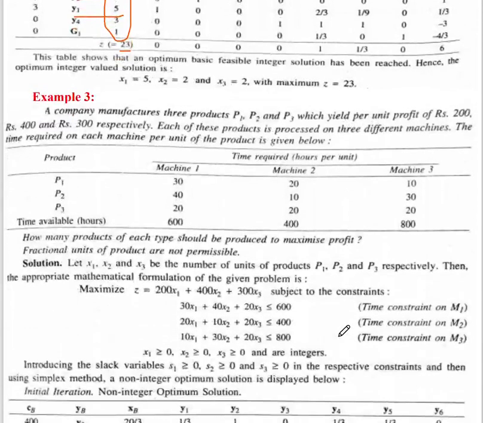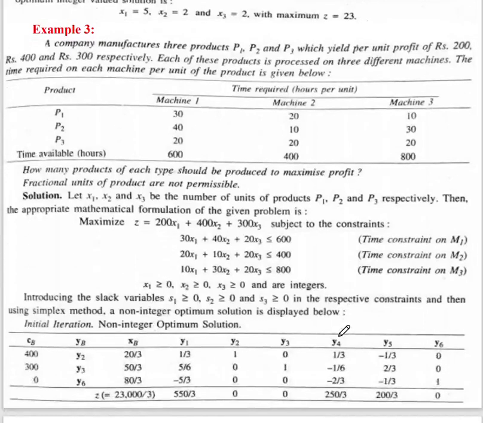Now we will see another example, that is example number 3, which is based on a word problem. A company manufactures three products P1, P2, P3, which yield per unit profit of rupees 200, rupees 400 and rupees 300 respectively. Each of the products is processed on three different machines.